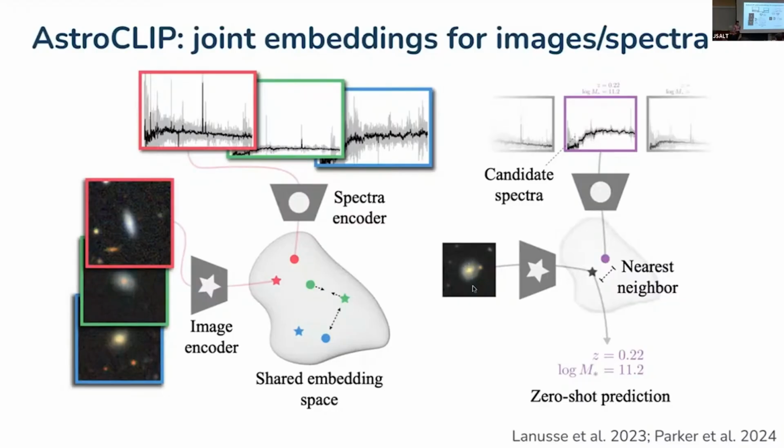If there's one takeaway you should learn about astronomical data, it's that images are cheap and spectra are expensive. Oftentimes you want spectroscopy in order to learn about the physics of the thing. So here's an image of a galaxy being put through the encoder, and then you can do your favorite similarity search in that embedding space and yank out this candidate spectrum.